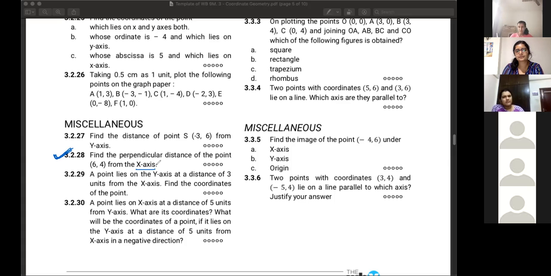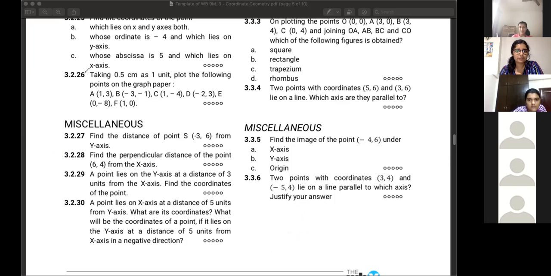I marked the graph and got the distance as 6. So the vertical distance is 4. So this is (6, 4), right? So the distance from the x-axis. The x-axis is there. So what is this distance? Ma'am, that's 4. Yes, that will be your answer. Okay, ma'am, understood.